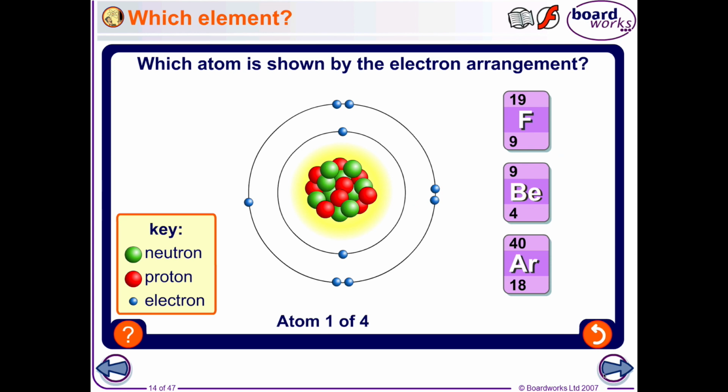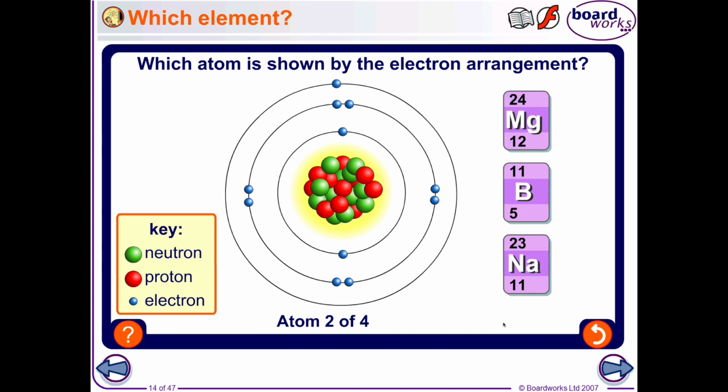Right, now, what I want you to do very quickly is just to appreciate how the structure of the atom leads to the sort of numbers that we're seeing on the right hand side here. Now, I'm looking at the atom and I can see that this atom has got 2 electrons in its first shell and then 7 in its outer shell. So a total of 9 electrons means that it must be fluorine. Right, the next atom has 2 in the first, then 8 and then 1.